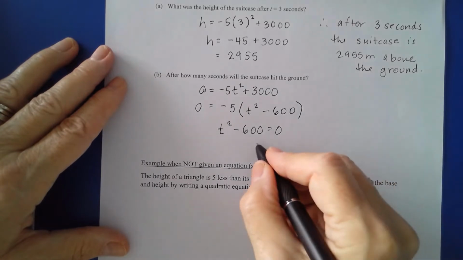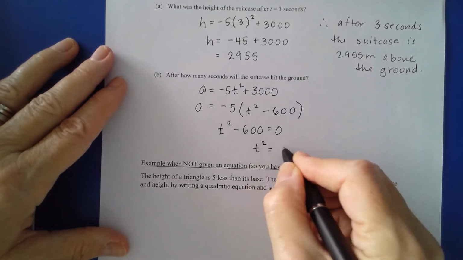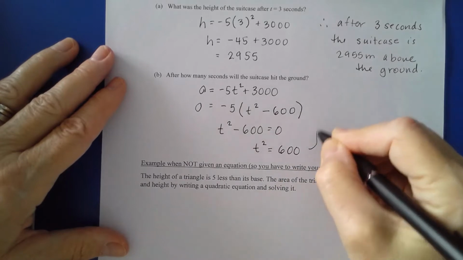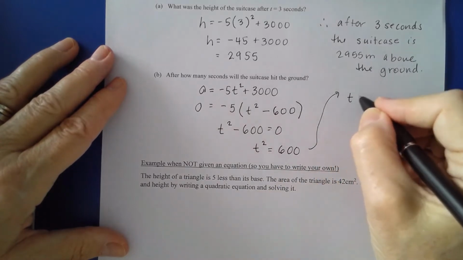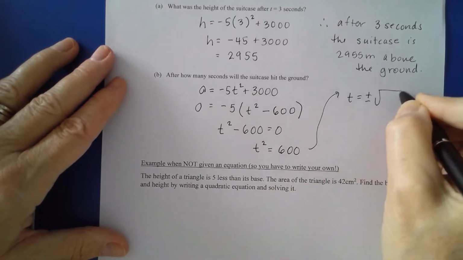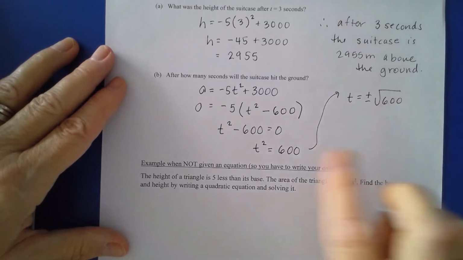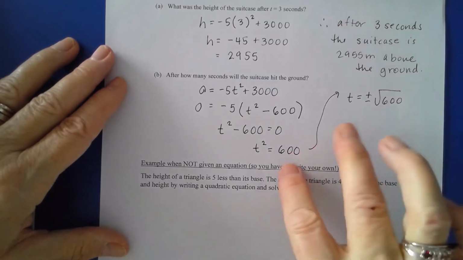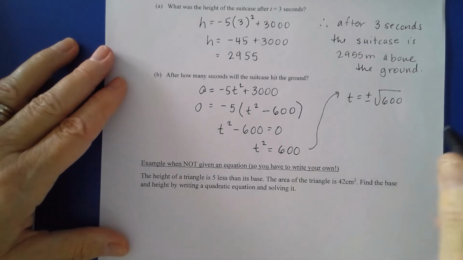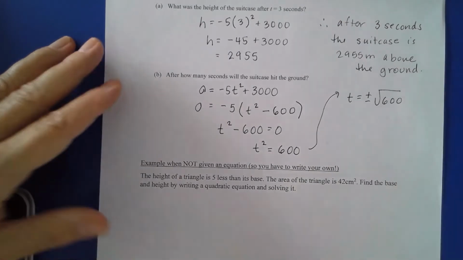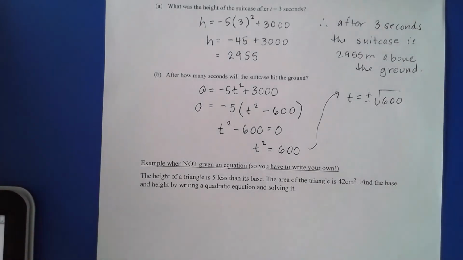The idea is this. Anytime I take the square root of both sides, I have to use a plus or minus. I'm going to put square root of 600 in my calculator, and I get 24.5 basically.